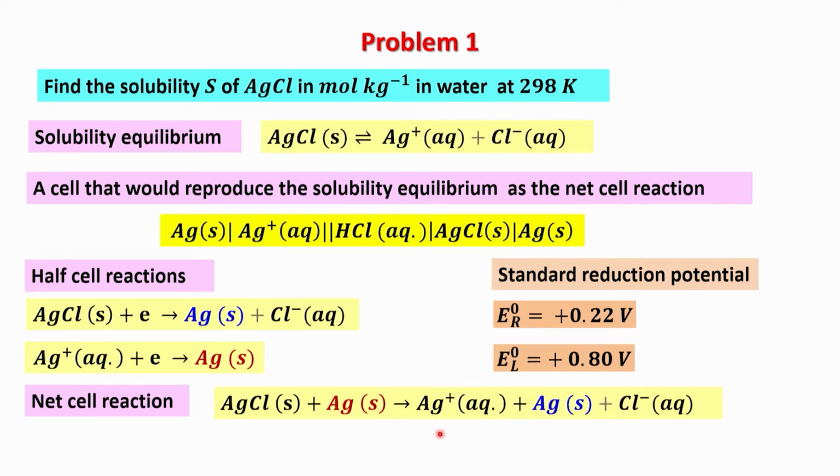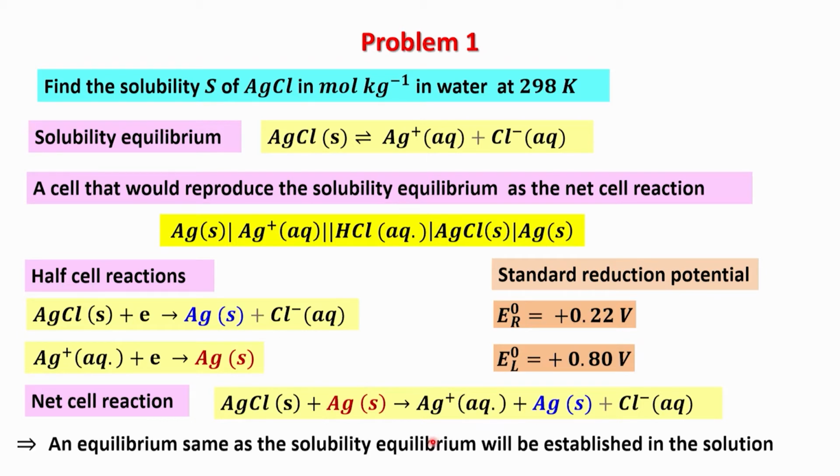And therefore, in the more conventional way, where we do not really worry about whether silver is being deposited on the two electrodes, I will write down the net chemical equilibrium as AgCl solid going over to Ag+ aqueous plus Cl- aqueous, thereby giving me an equilibrium situation which is the same as that of the solubility equilibrium established in solution for silver chloride in water.